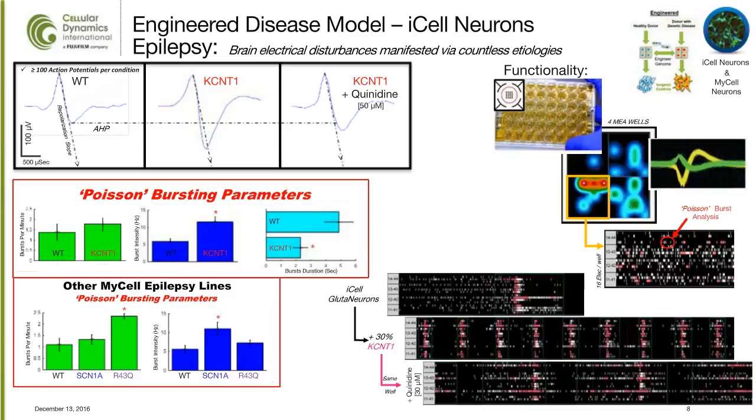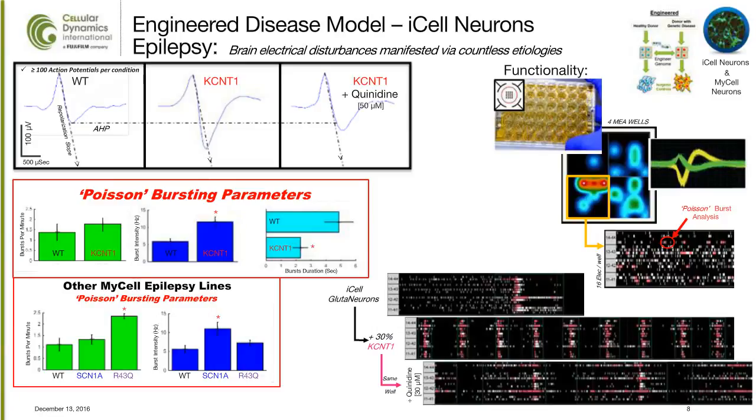Furthermore, if we use an anti-epileptic agent, in this case the published treatment of this condition, quinidine, we can see that quinidine attenuates the repolarization and after hyperpolarization increases we've seen with these waveforms.